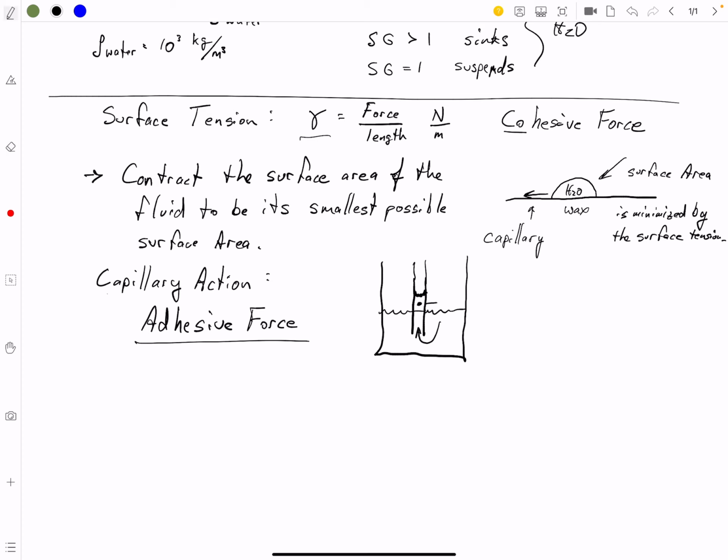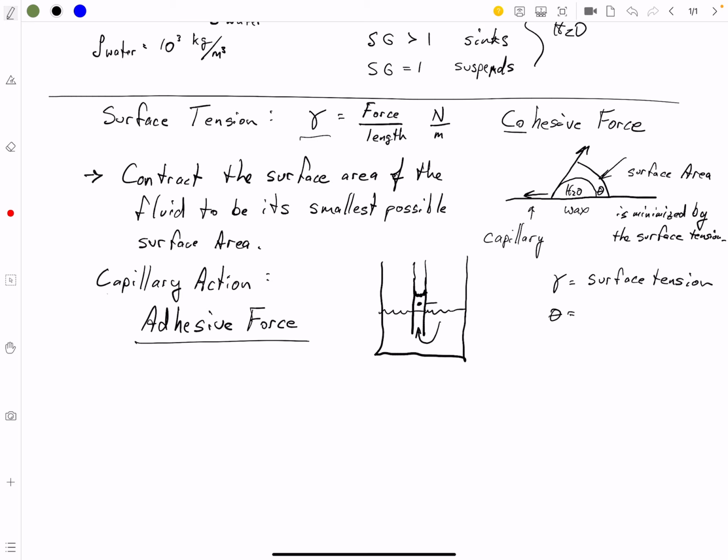None of that really matters, because what you really need to know is that your gamma is your surface tension, and your contact angle, which we talked about in class. That's this angle.